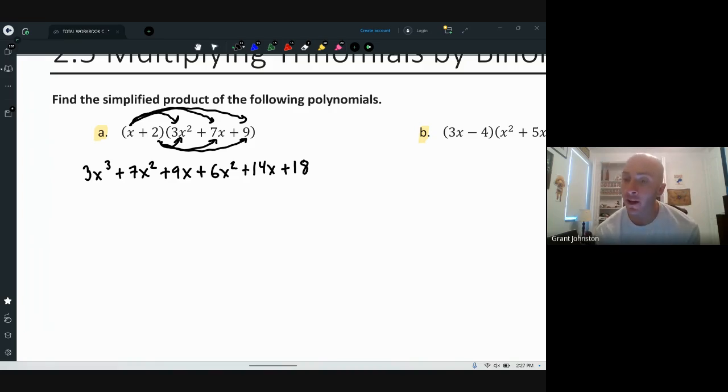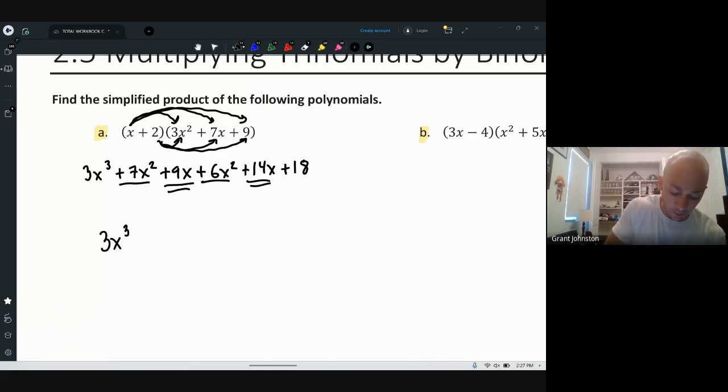But we want to find the simplified product, so we do want to simplify, and we're going to do that by combining like terms. The x squared combines with the other x squared, and the x to the first terms will combine together as well. So I'm going to have a 3x to the third. The 7x squared plus the 6x squared is going to be 13x squared.